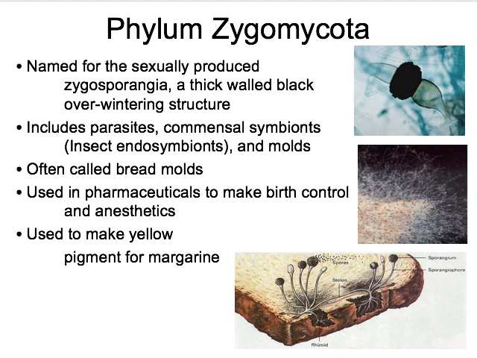These can be economically important. Some of these members are used in pharmaceuticals to make, for example, birth control and anesthetic medicines. They can also be used in food. One member is used to make the yellow pigment that is used in commercially produced margarine.